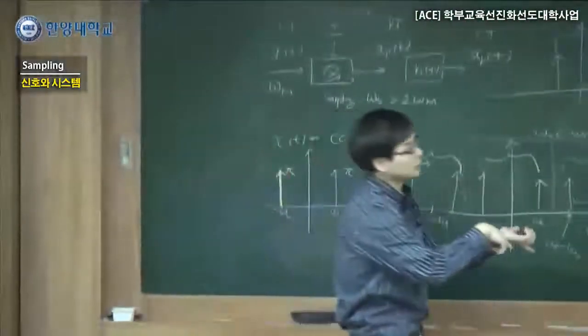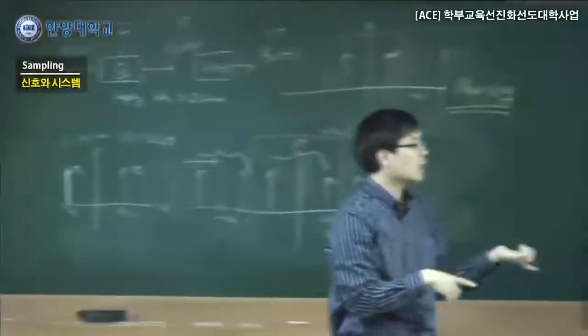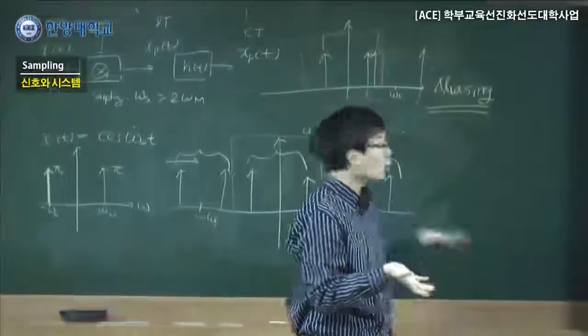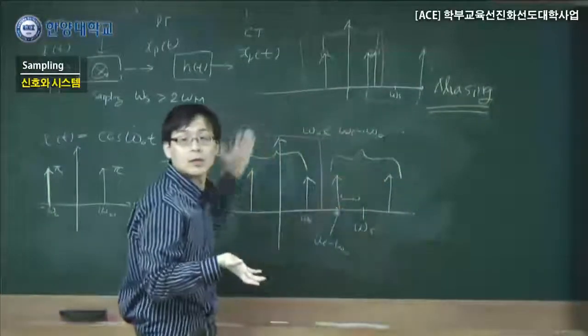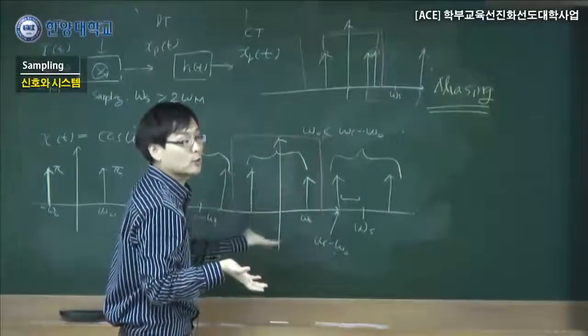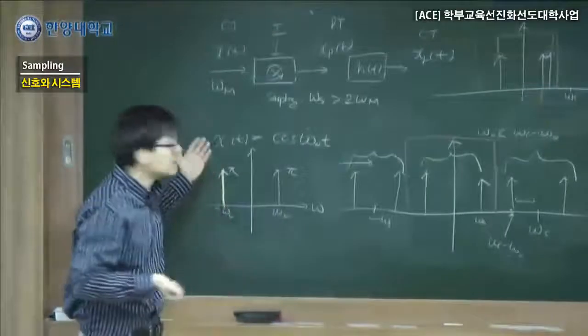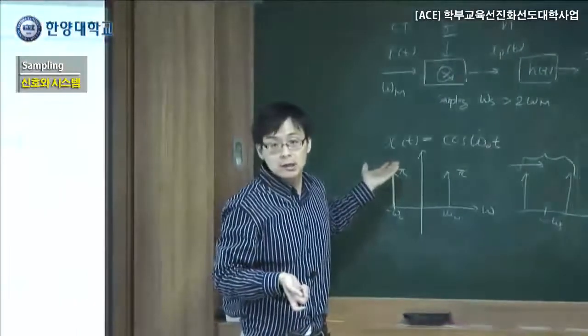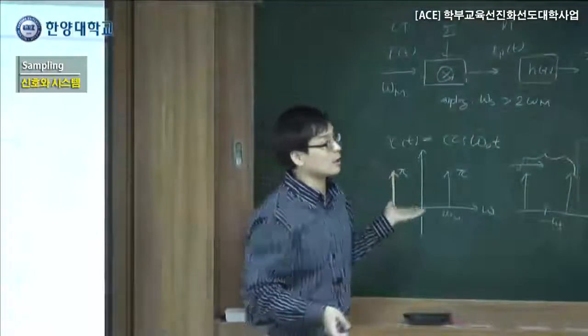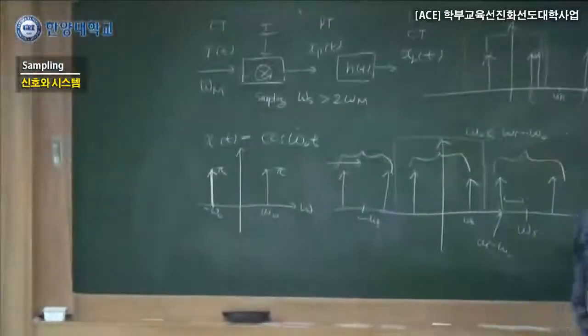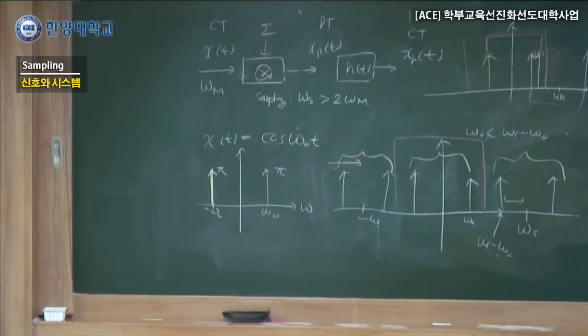So let's go back to what happens in time. We talked about the frequency domain, right? Now take a look at what happens in the time domain. This is a cosine, so our original signal is a cosine. In the first example, this is the original value, the cosine.